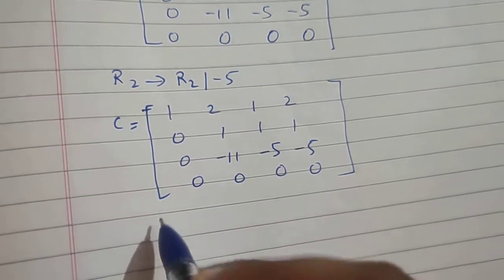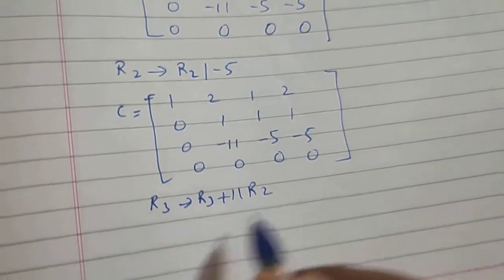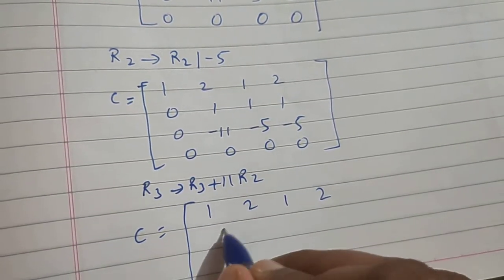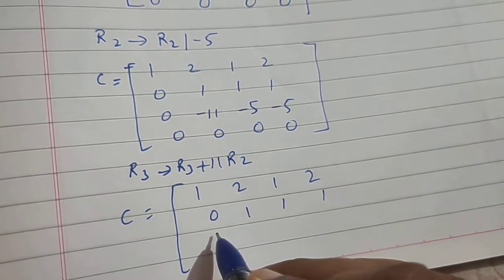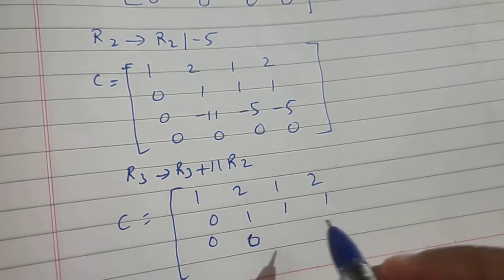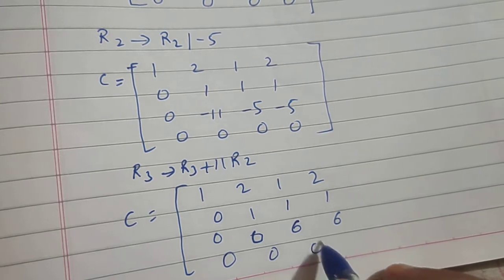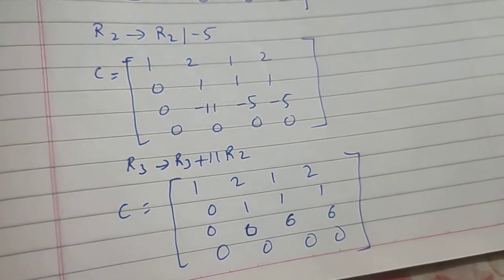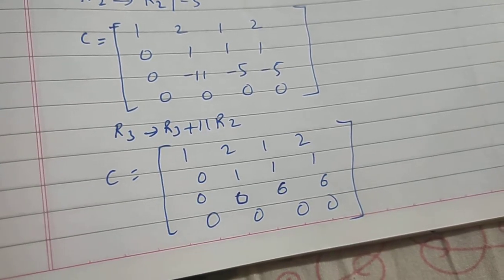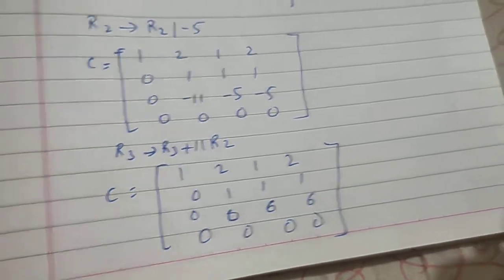Okay, then r3 to r3 plus 11 times r2, so this becomes 1 2 1 2, 0 1 1 1, and then 0, then this is 0, then 11 minus 5 is 6 6, 0 0 0 0. Okay, what else you can do, you can take 6 out. That will be our final operation.